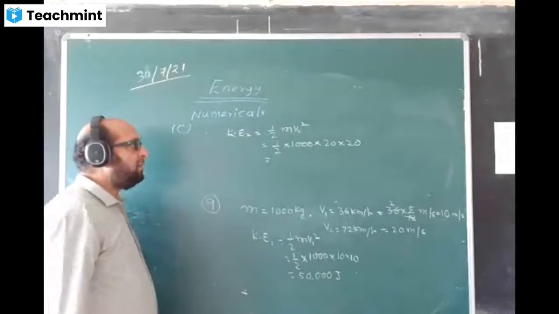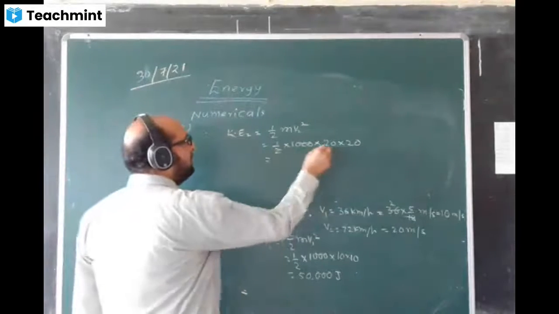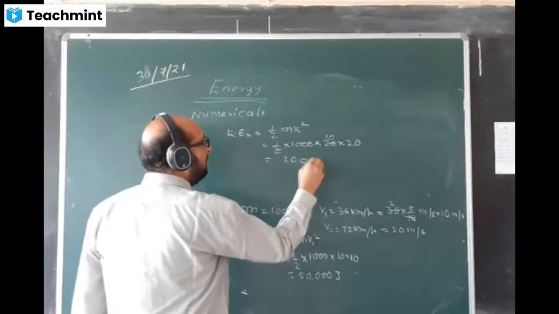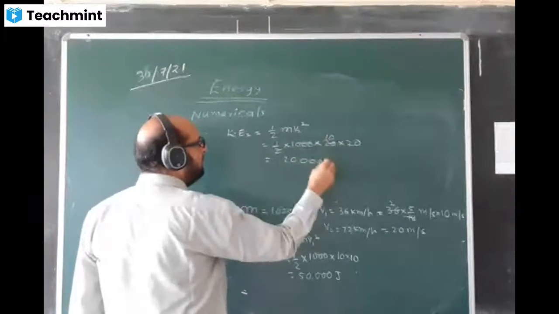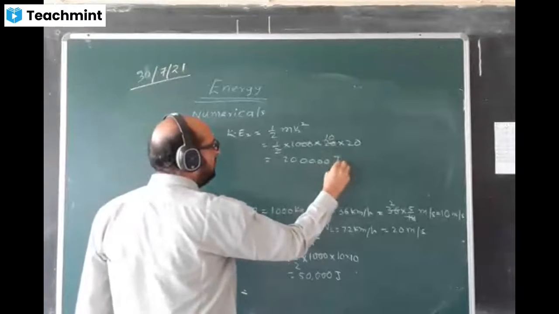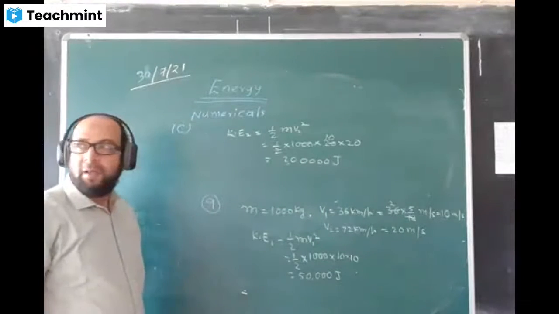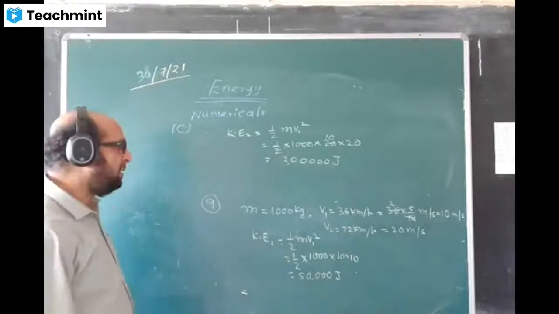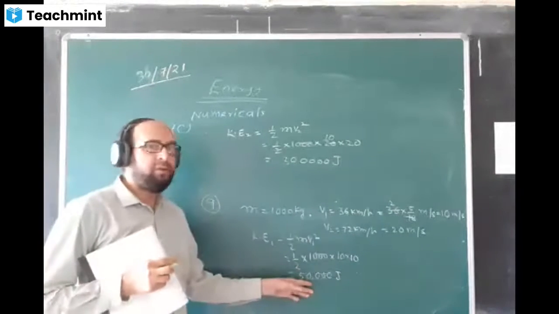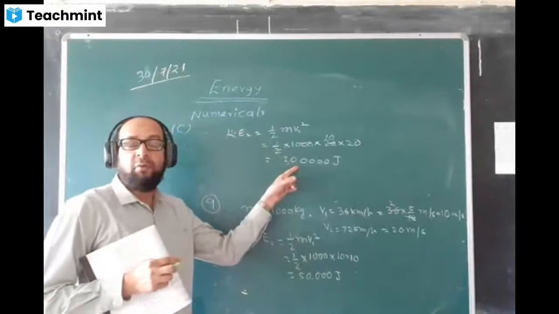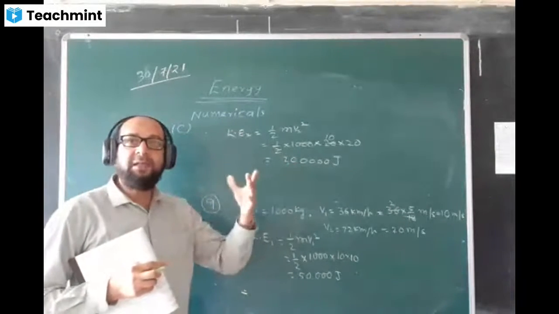Now cancel 2, and this will go 10 times. Answer is coming 2, 1, 2, 3, 4, 5 zeros. 5 zeros joule. That means 2 lakh joule. Therefore, increase in kinetic energy. The first kinetic energy was 50,000 joule and the new kinetic energy is 2 lakh joule. How much is the increase in the value?